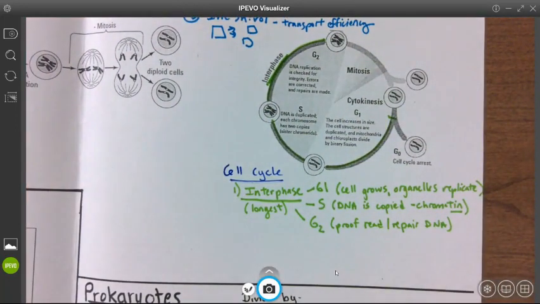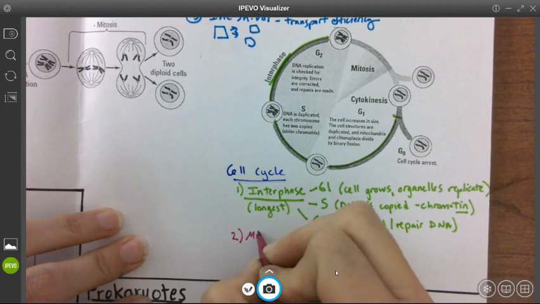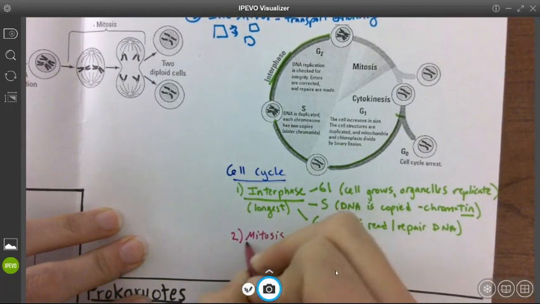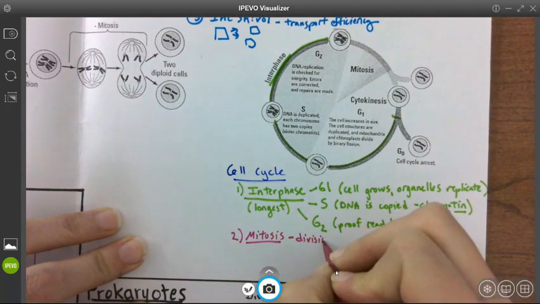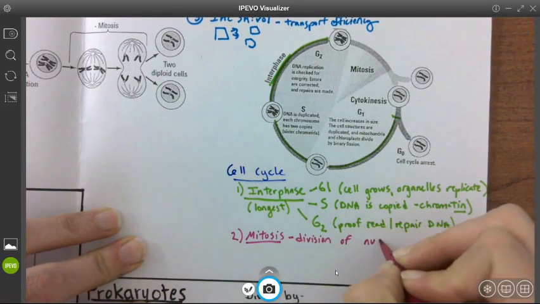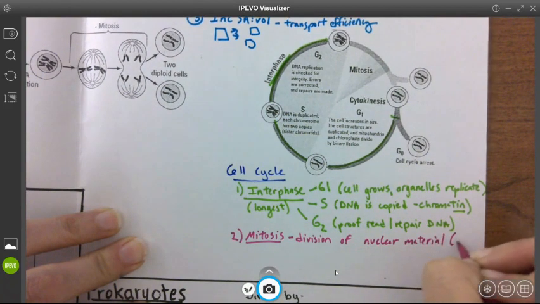The second part of the cell cycle is mitosis. Mitosis is a much shorter step, and this is when the nuclear material divides, when the DNA divides. Mitosis is the division of the nuclear material, aka division of the DNA.